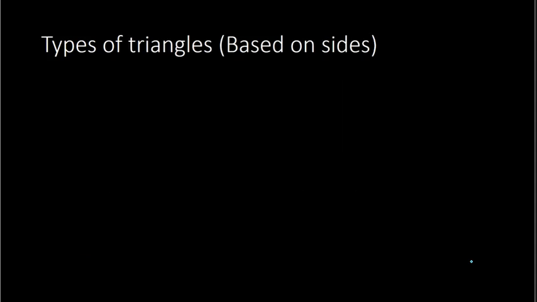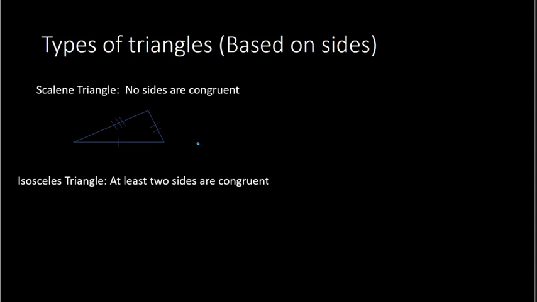Now we can categorize triangles based on the side lengths. So for example, we have what is called a scalene triangle, which says that no sides are congruent. So for example, right here, we have a triangle with 3 different side lengths. So therefore, this is scalene. An isosceles triangle has at least 2 sides that are congruent.